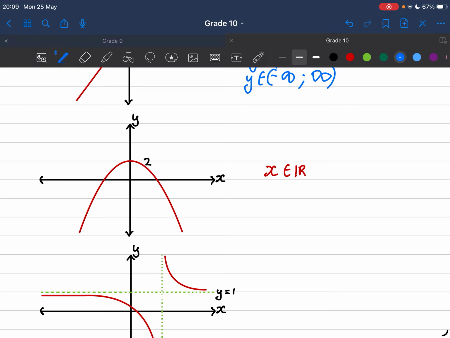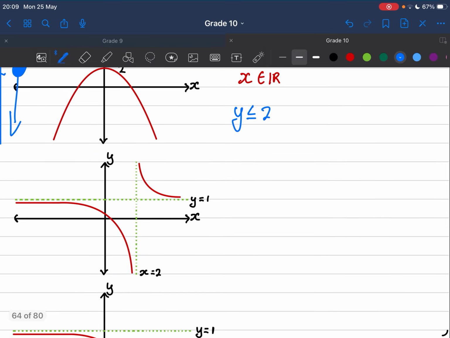So clearly it's not infinitely tall. It goes down infinitely. How high does it go? Basically, if you have to picture a number line and 2 was here, basically it touches 2 and goes down. So can we not say that y is less than or equal to 2? That is perfectly the range.